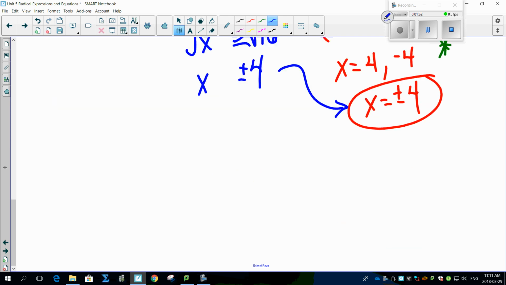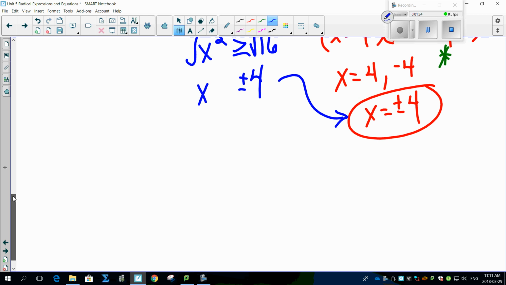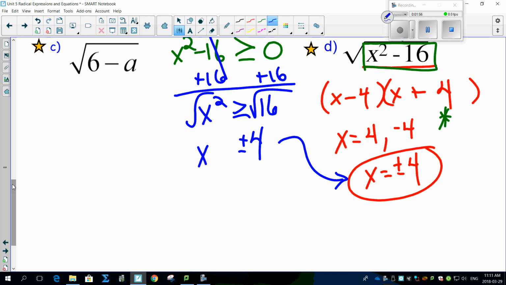But here's the thing. When you square root with an inequality, that becomes kind of interesting because you have two answers. If it's just a positive one, that inequality stays the same. But when you make it the negative one, same rule applies as dividing by a negative or multiplying by a negative.